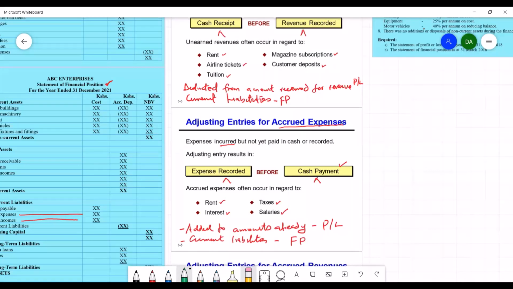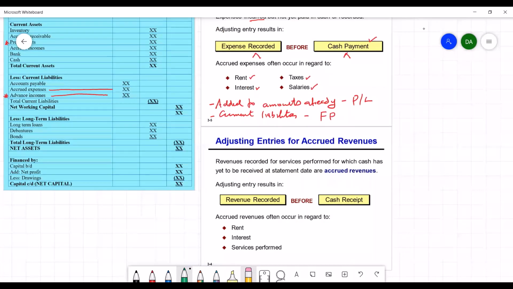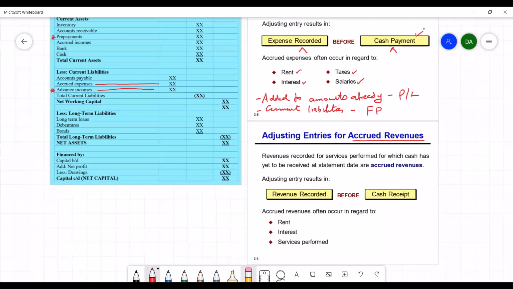After that, the next adjusting entry is accrued revenue. These are revenue which have been earned. Revenue has been earned, but cash has not yet been received for such earning. The income has been earned already, but has not been received. Therefore, the recording of the revenue takes place before cash is received.